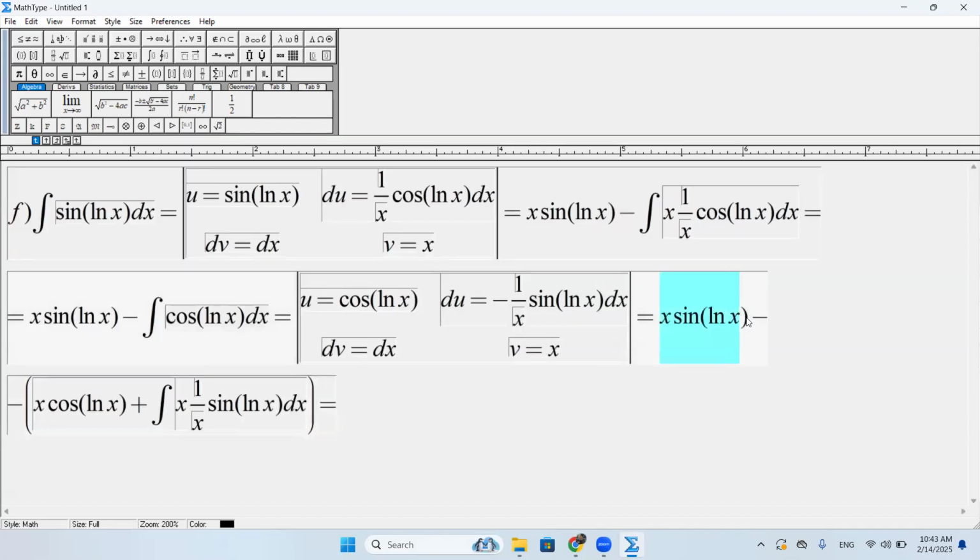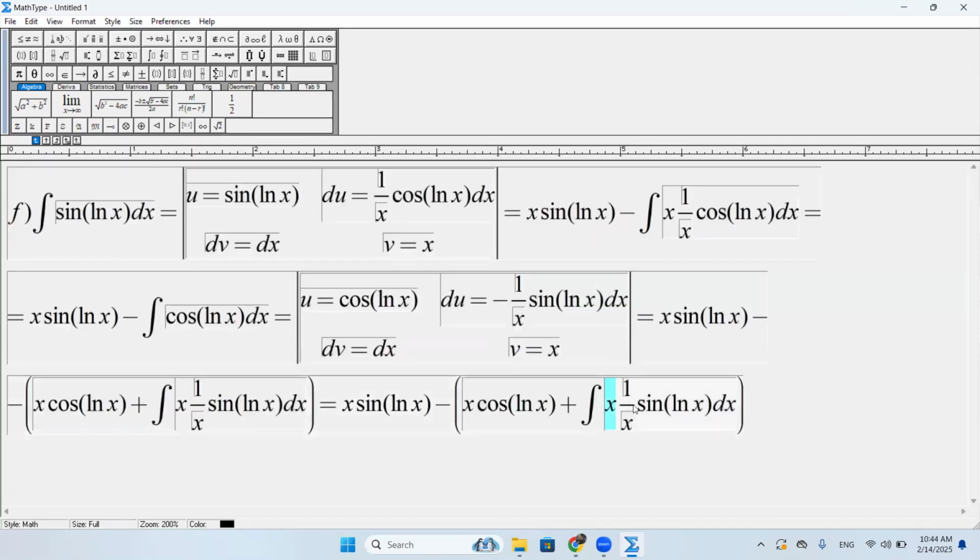And what we receive, again, is the initial integral that we had before. Let's expand the brackets, by the way, for our convenience. So again the initial integral, and we need to solve the equation with respect to this integral.